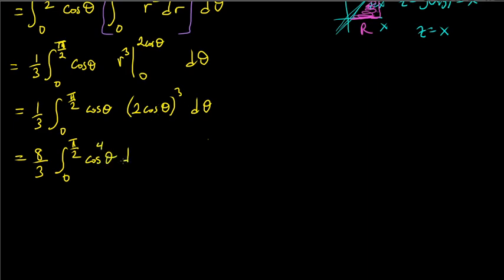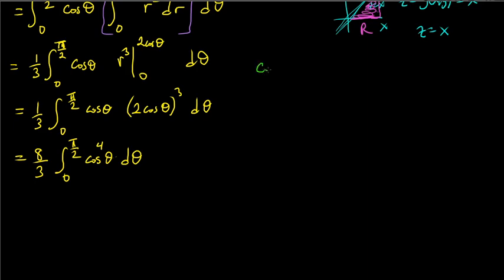That's cosine to the 4th. Okay, so yeah, so now we have to integrate cosine to the 4th. And if you look on your formula sheet, you only have cosine cubed. We don't have cosine to the 4th, right? So yeah, we can't just resort to the formula sheet here.